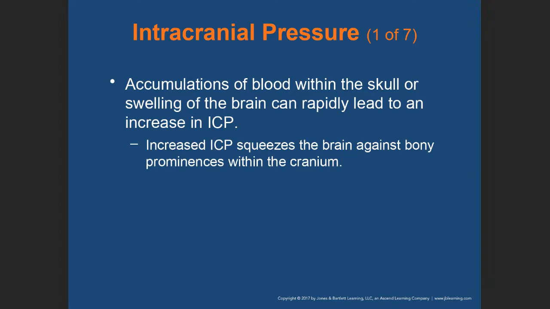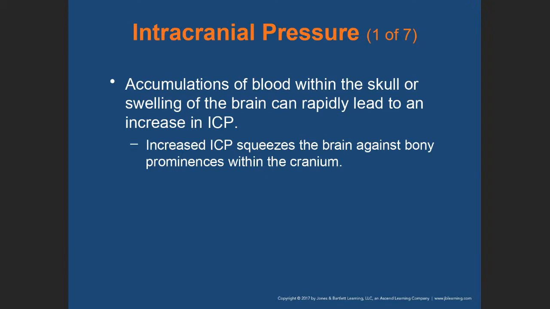And what the body does to compensate for that is raise the blood pressure. So the body is going to increase the blood pressure and then open up the blood vessels that supply the brain so that more blood can go to the area. And that's a recipe for disaster, because if pressure is building up inside of the skull and the body increases blood flow to that area, the pressure is going to get worse to the point that it can start to push the brain tissue from its normal anatomic position.